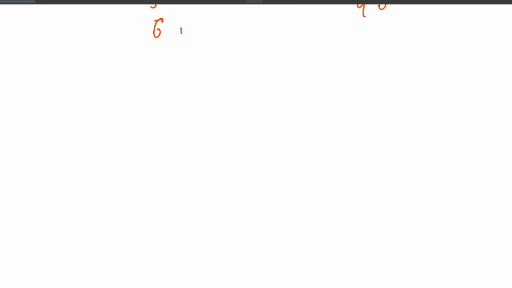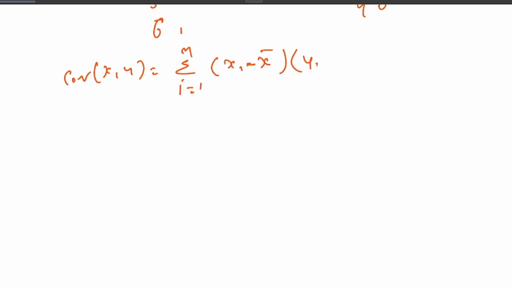So the covariance of x and y equals sigma i equal to 1 to n, (xi minus x bar) into (yi minus y bar), divided by n minus 1, right? First we will calculate x bar and then y bar.